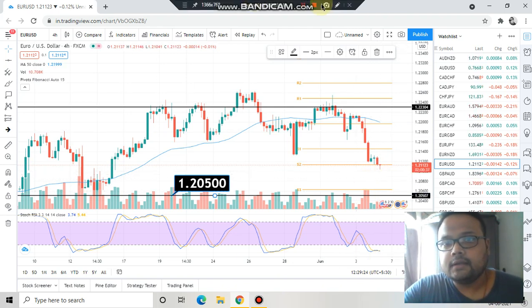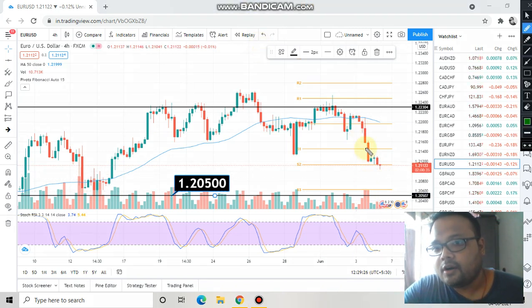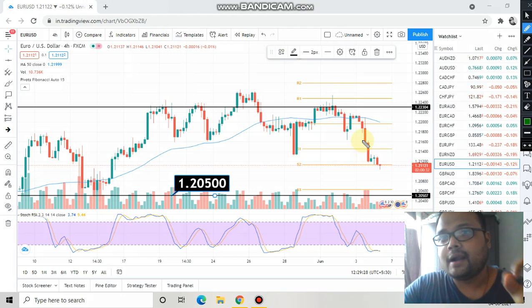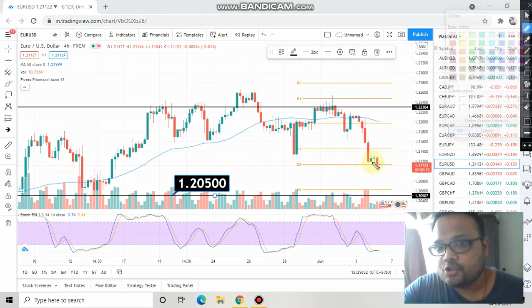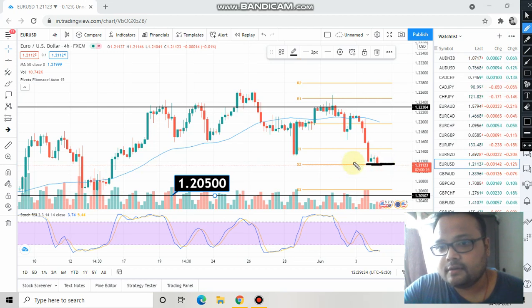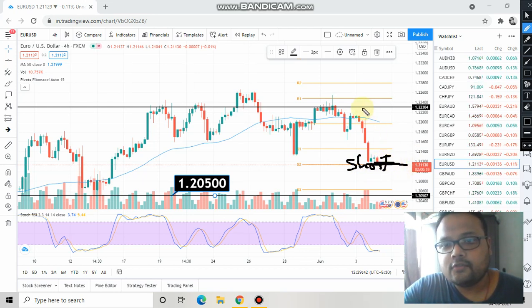And considering this fall, if you're thinking that you should short the market right here, then you are wrong. Because if you want to short the market here, then your stop loss will be somewhere around here, at least above this level.